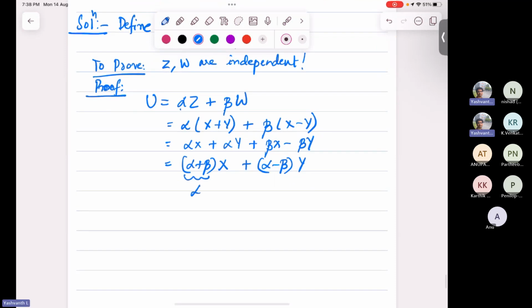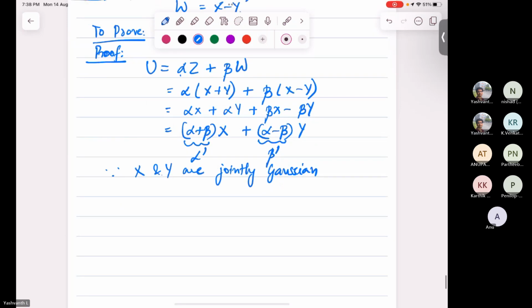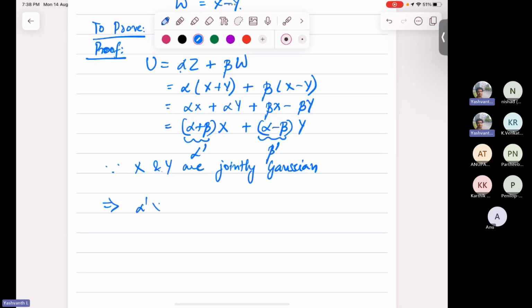Call these alpha prime and beta prime. Since x and y are jointly Gaussian, that is given, alpha prime x plus beta prime y is Gaussian.